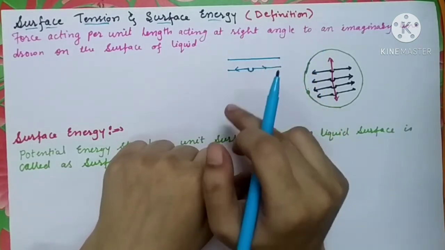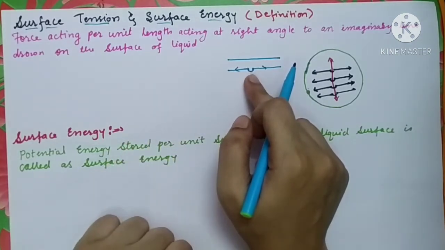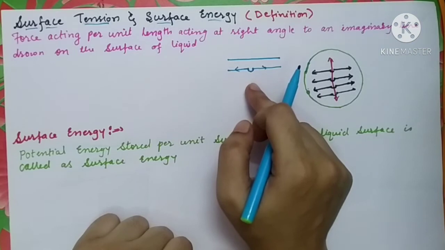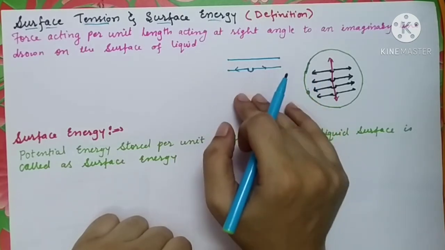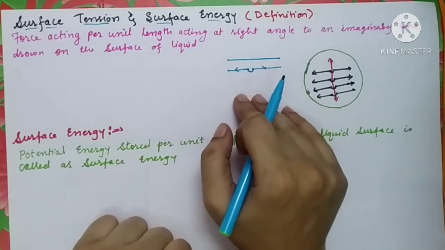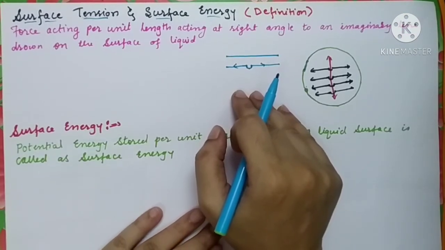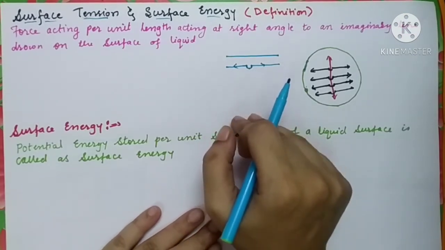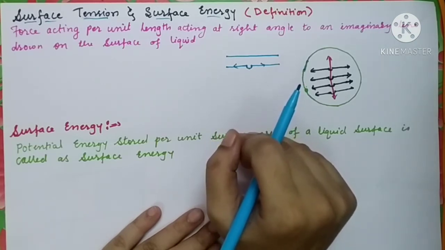It does not want any deformation, because as the deformation is created on the surface of a liquid, its surface area increases, and as surface area increases, the potential energy content of the surface also increases. It is the natural tendency of every object to occupy the minimum state of energy, so that the minimum amount of work should be done by the object.